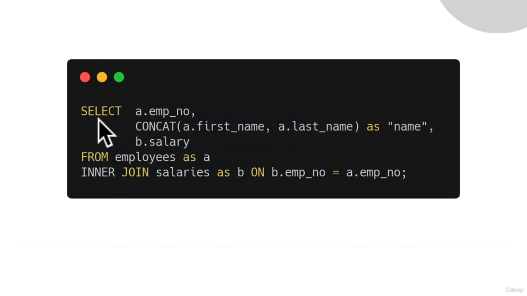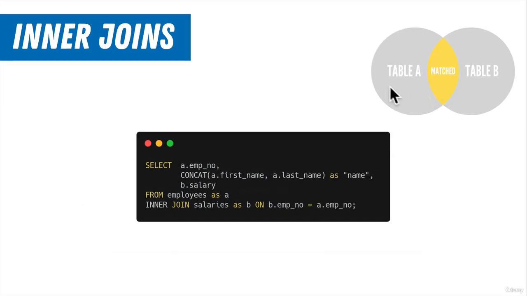When we do our select, we're selecting the same exact data. And when we do our from, well, here's where the first change comes in. You see, when you do a join, you have to decide what's going to be on the left side and what's going to be on the right side. Meaning, where am I selecting from and what am I trying to join it with?